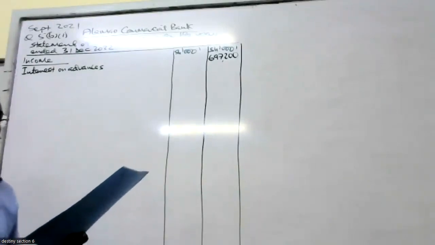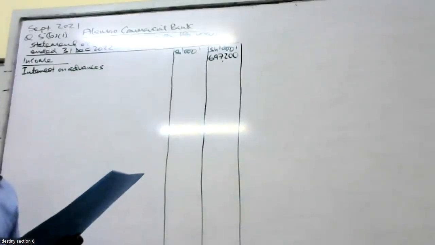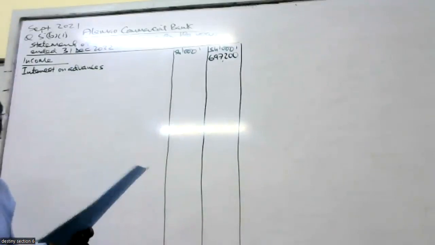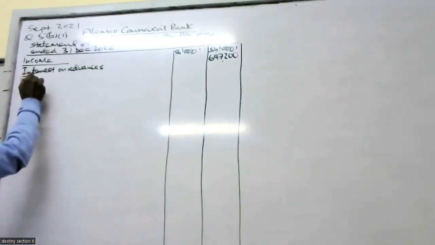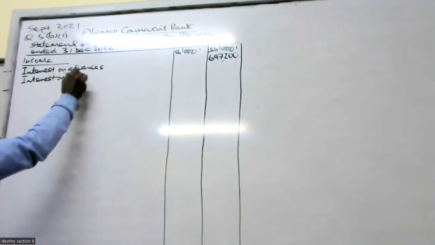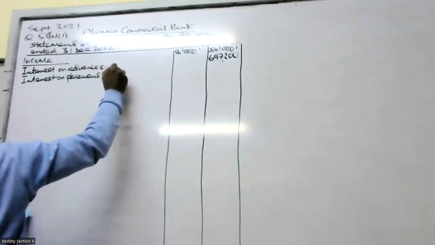Interest paid on deposits is an expense. Interest on placement is an income, what we had called overnight lending. Interest on placement and bank balances should be 39,900. So interest on placement and bank balances.